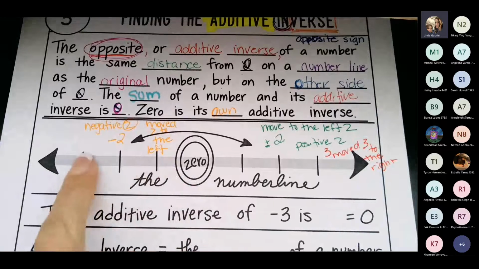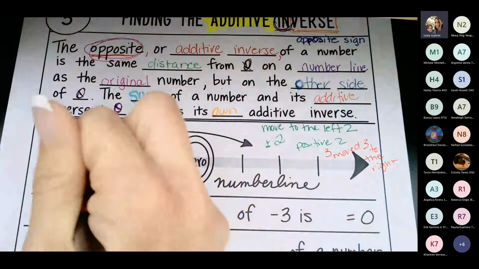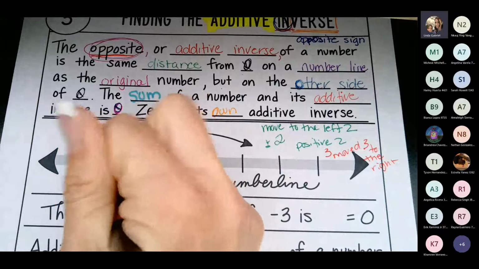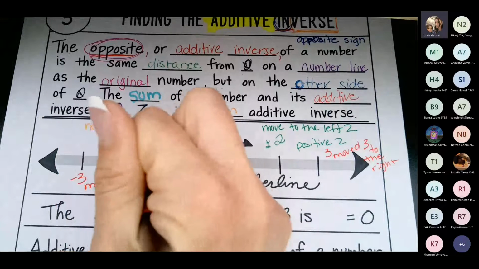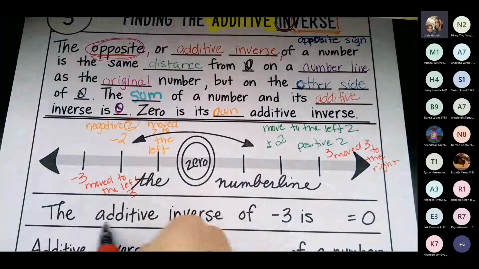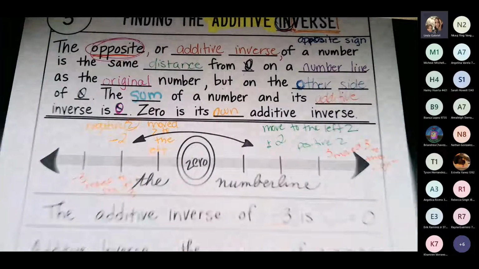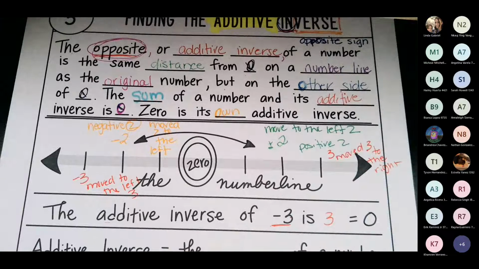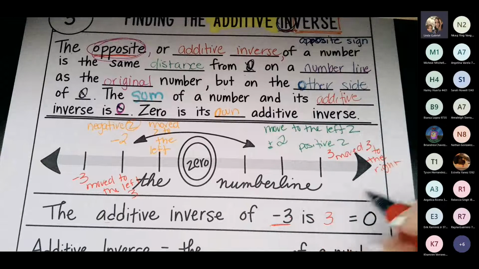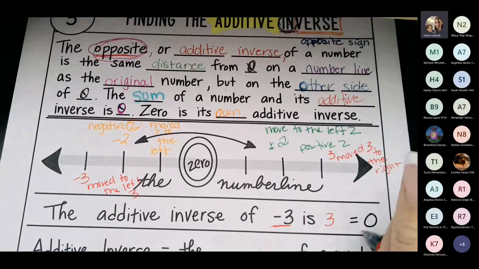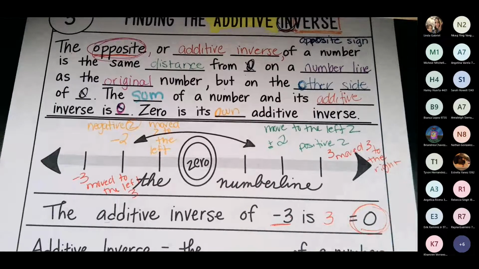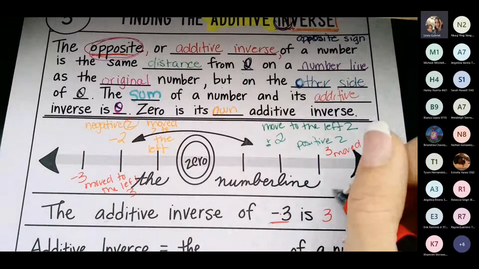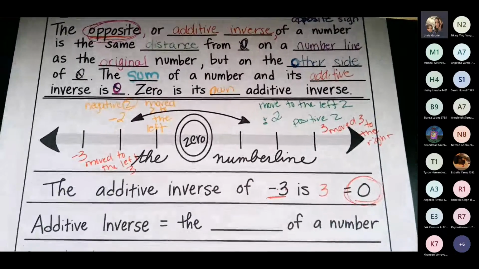So 1, 2, 3. That puts me at -3. So the additive inverse of 3 is just -3. -3 plus +3 is 0. The answer should always be, if you combine your inverse with your original number, it should be equal to 0.